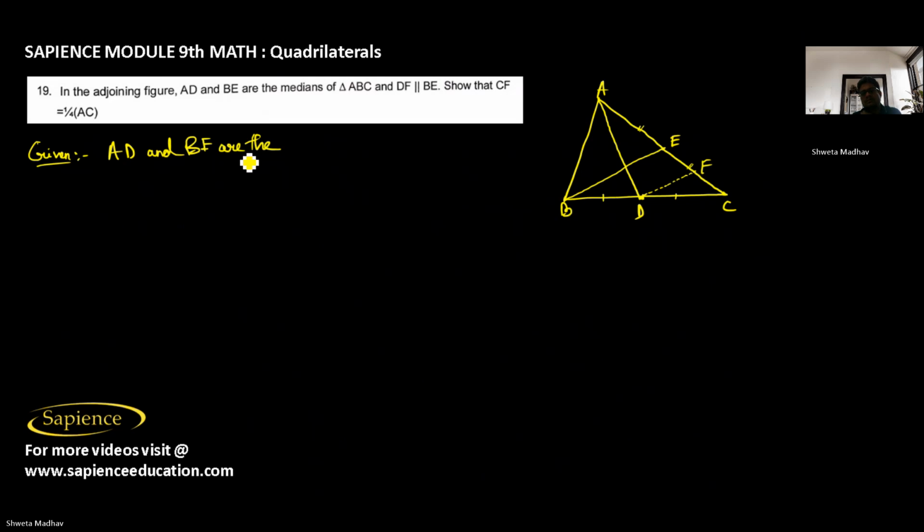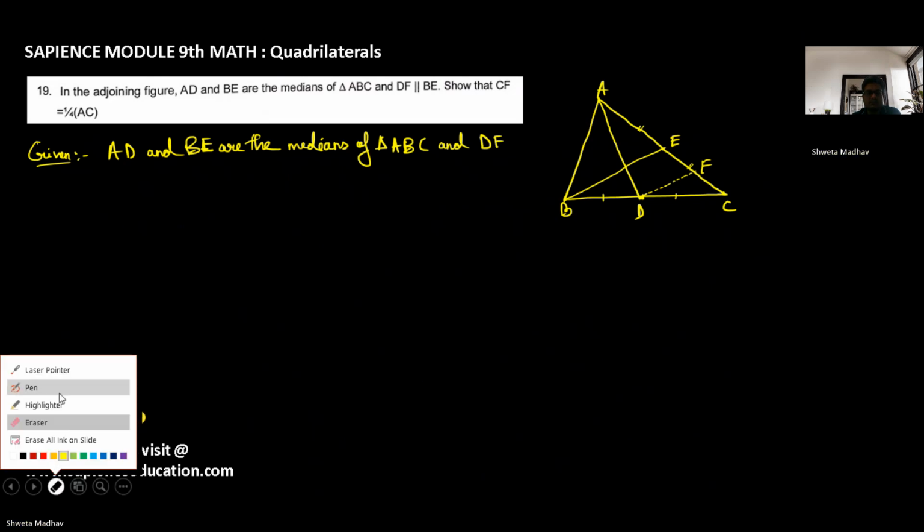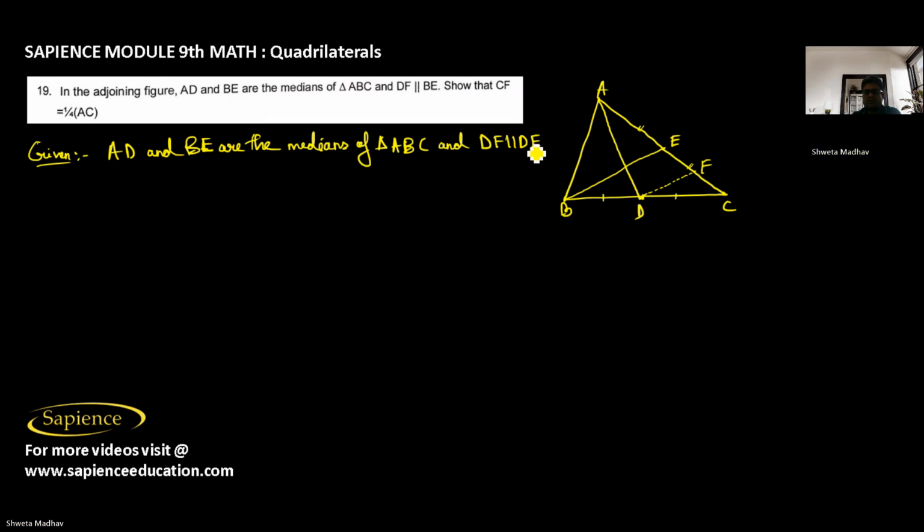So here we'll say that it is given that AD and BE are the medians of triangle ABC, and DF is parallel to BE.